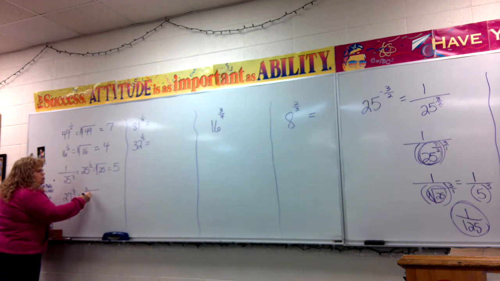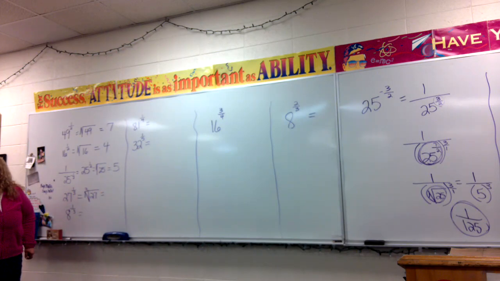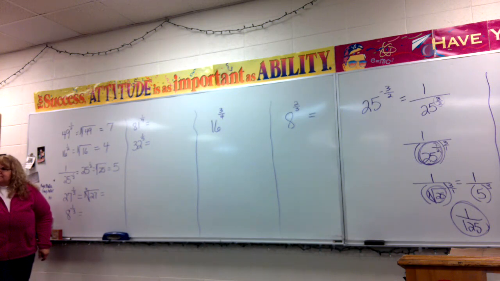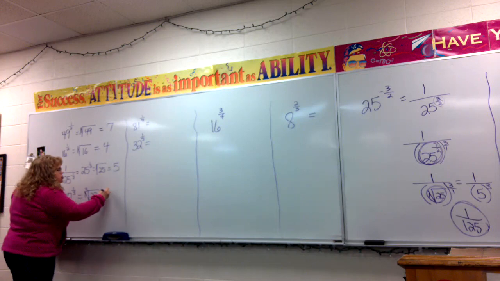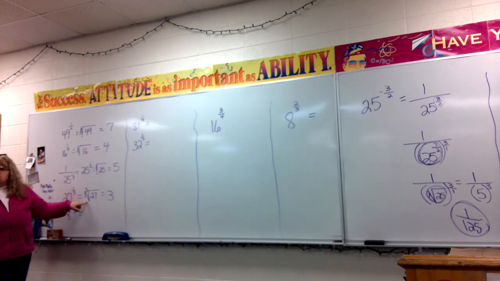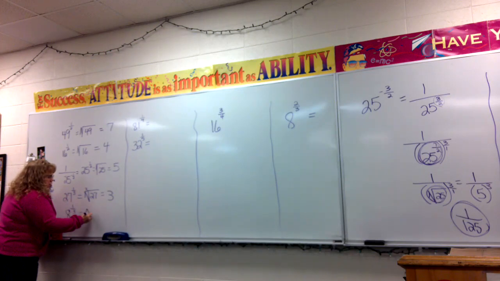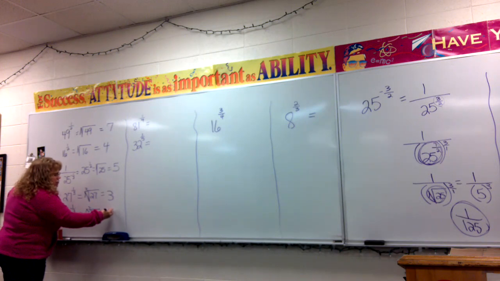That's going to be cube root of 27. 3. Oh, 3, right. So 27 to the 1/3 power. 1/3 power is cube root. How about 8 to the 1/3? That's the cube root of 8, which is 2.